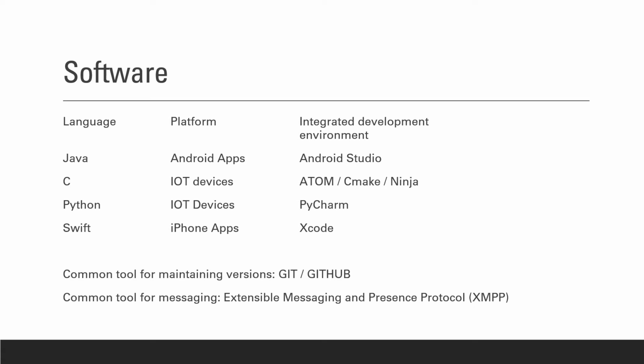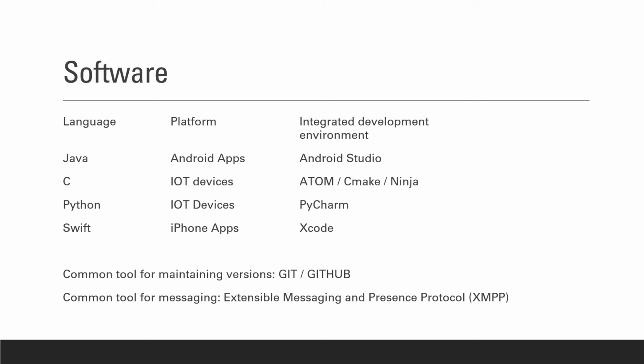Similar to the hardware, there's a lot of software that has to be running to make the IoT devices function. And here's a list of 4 important ones. C is extremely important for the IoT devices, and Python and Swift are also commonly used in our tutorials here.